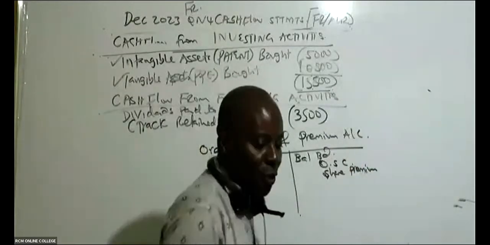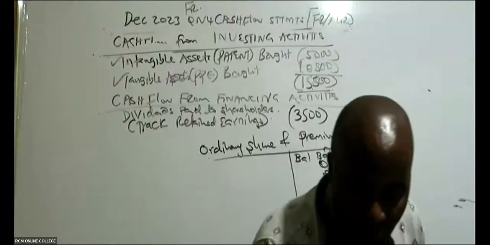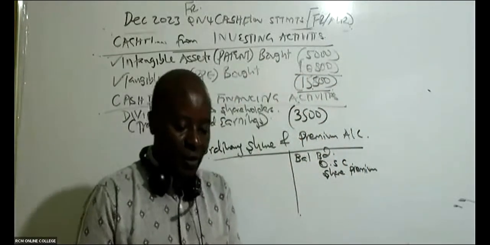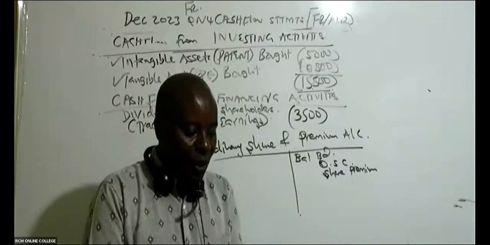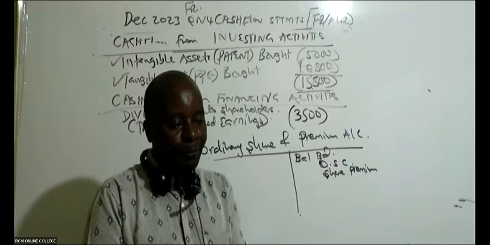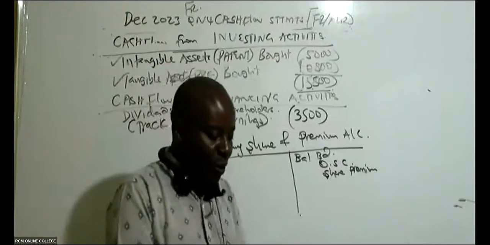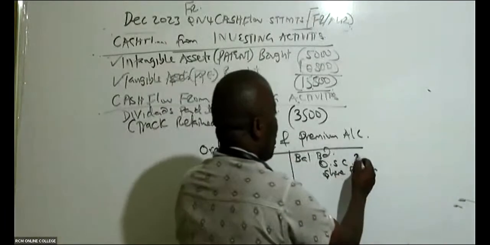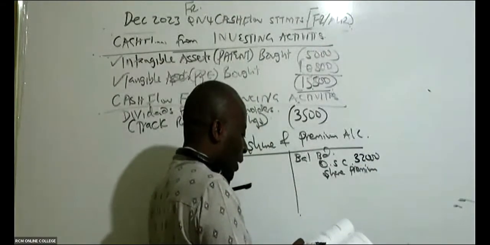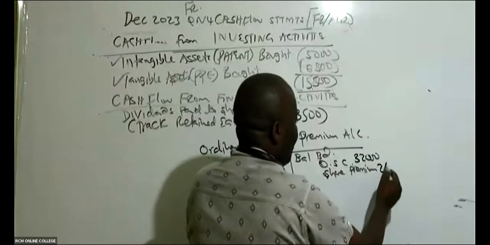In this question, are you able to see the ordinary share capital from the balance sheet? Is there somebody who can see the ordinary share capital brought down, 32 something? 32,000. How about share premium brought down? Down there, you can see 2,600.